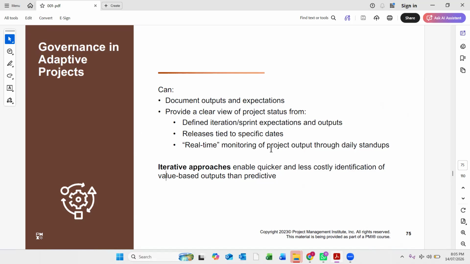Predictive is plan-based, adaptive is agile. So our iterations should be quicker. It should deliver some value. We are talking about value in an adaptive environment. The project should deliver value to the new release. So what did you get from this particular slide?